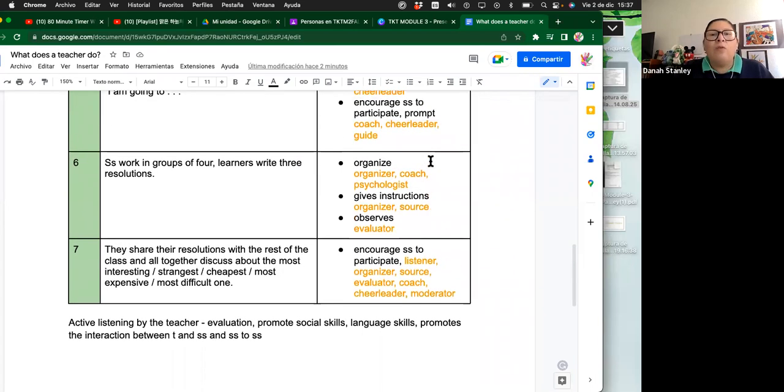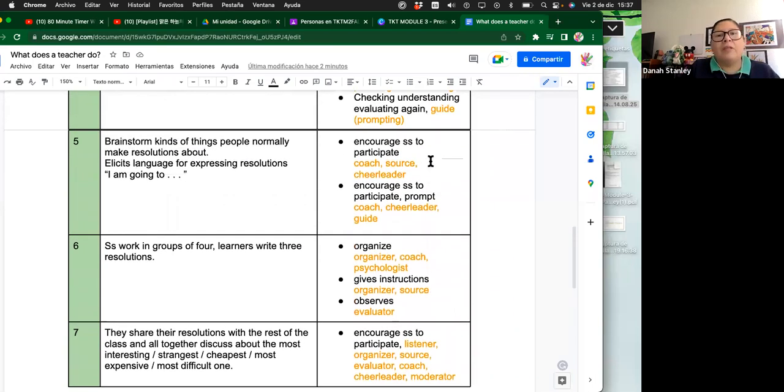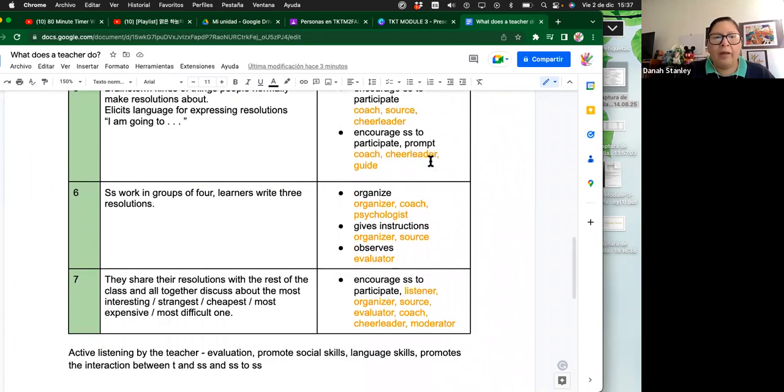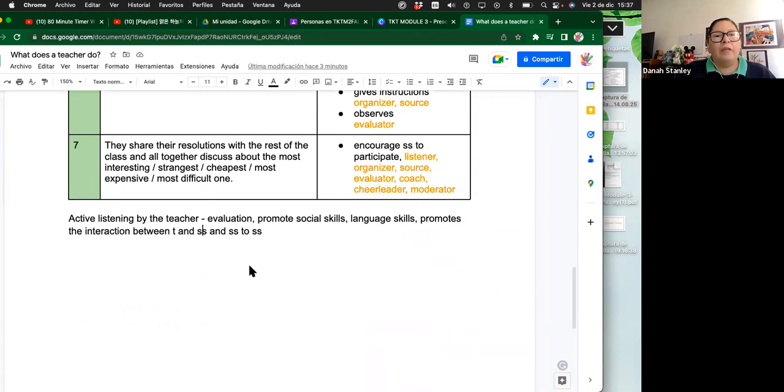And at the end, when they are using the language freely, pues I'm going to be the listener, the observer, and the evaluator, okay? And in here, depending on the aim, the needs, and the characteristics of the group, I will also promote different interactional patterns among the students.